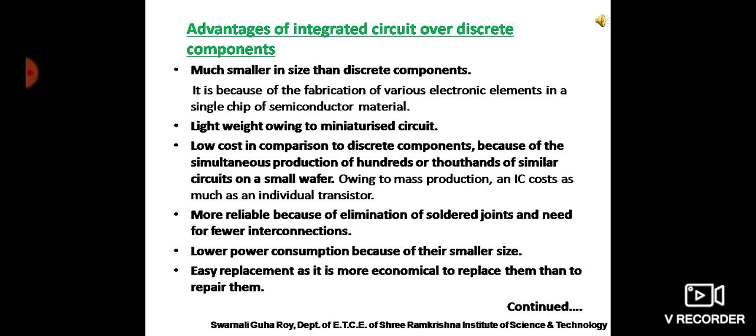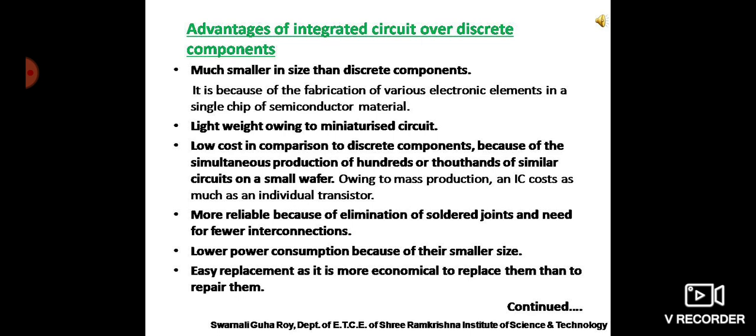Now, in the study of IC technology, it is very important to know the advantages of using ICs over discrete electronic components, and at the same time about the limitations or drawbacks of ICs over the discrete components.